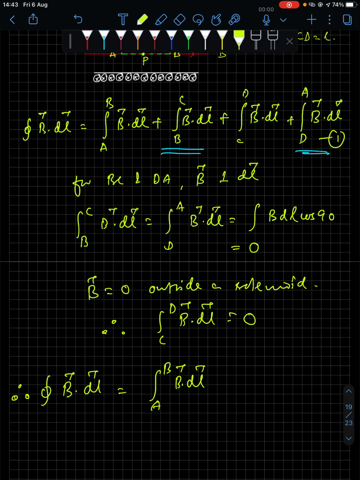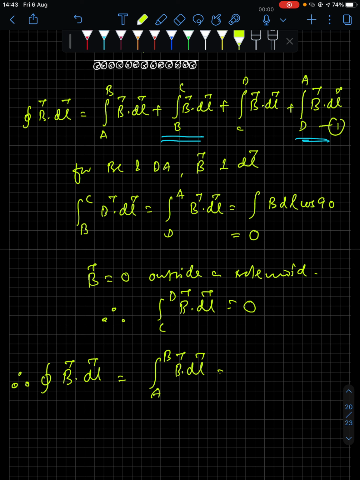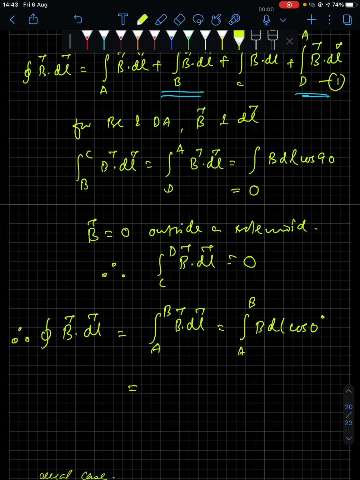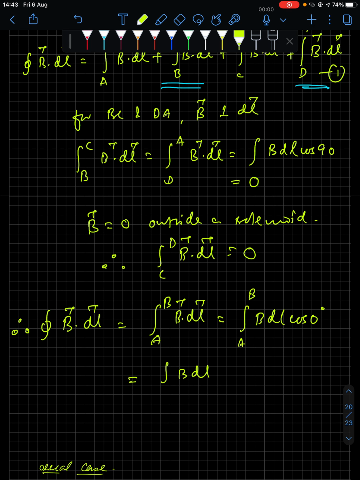And therefore the angle between them is 0. So you can write integral B dl cos 0 degree, the limit is A to B. Now cos 0 value is 1. So here you have integral B dl, alright.